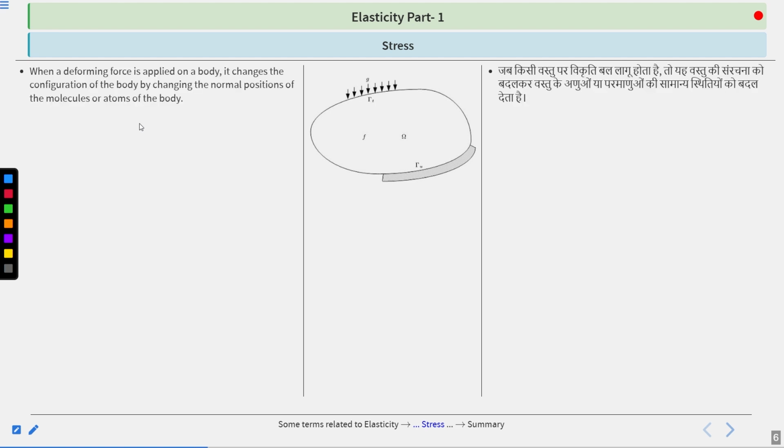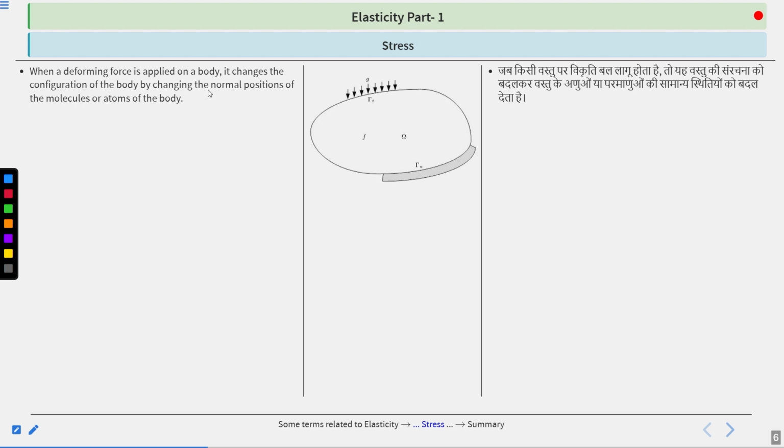Okay. Like we could say in physics, when a deforming force is applied on a body, it changes the configuration of the body by changing the normal position of the molecules or atoms of the body.